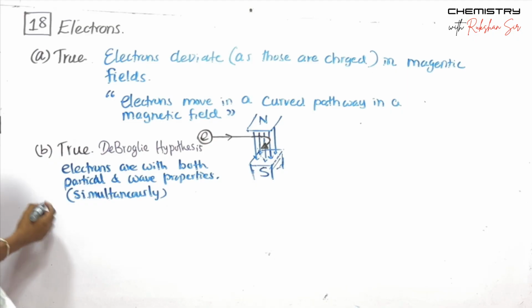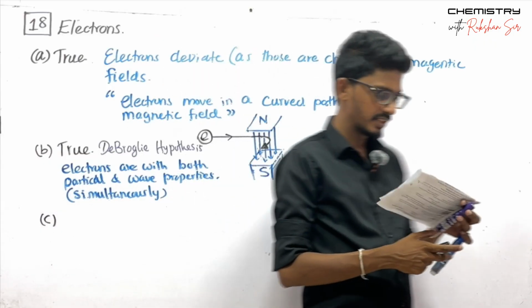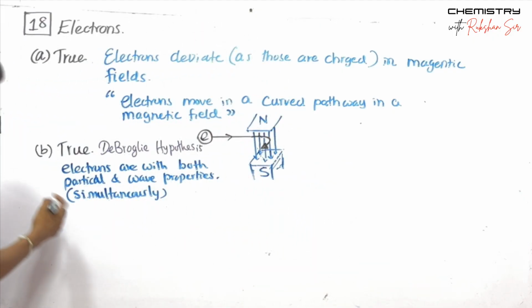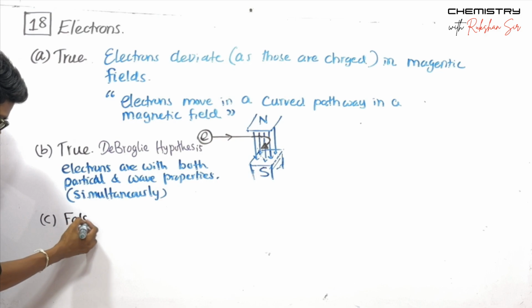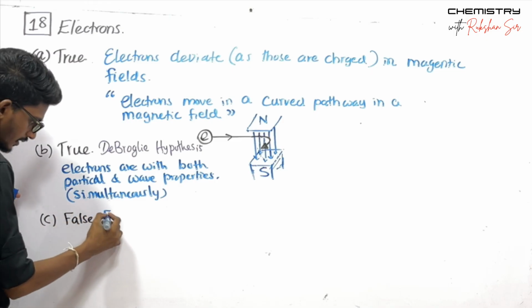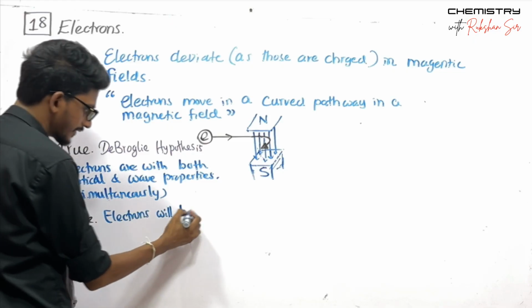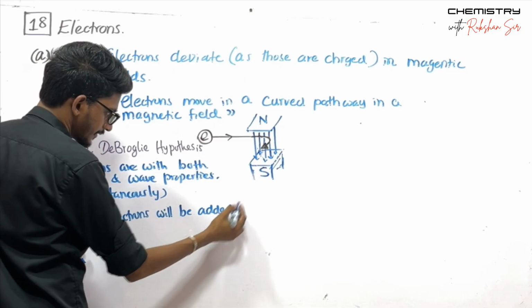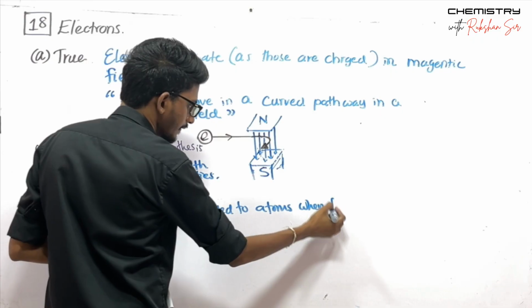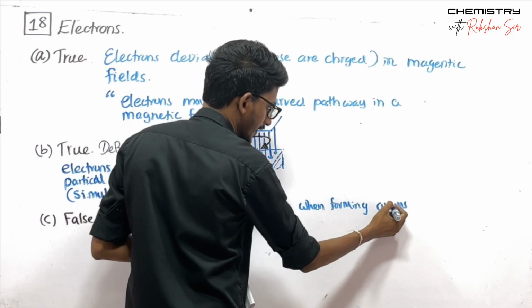Statement C. Electrons cannot be added to or received from an atom. That is false. So electrons will be added to atoms when forming anions, negative ions.